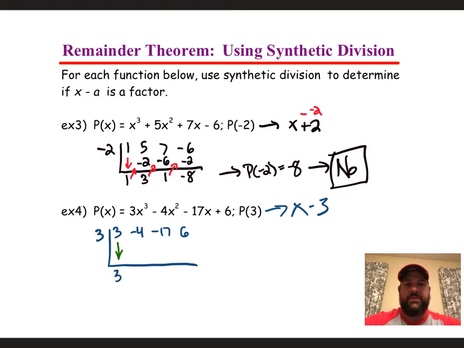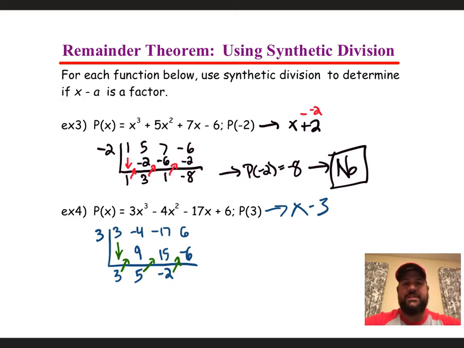So 3 times 3 is going to give us 9. And then -4 plus 9 is going to give us 5. 3 times 5 is going to give us 15. -17 plus 15 gives us -2. And then we're going to take the 3 times -2, which is -6.